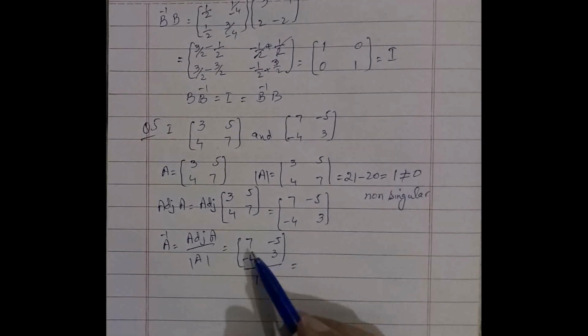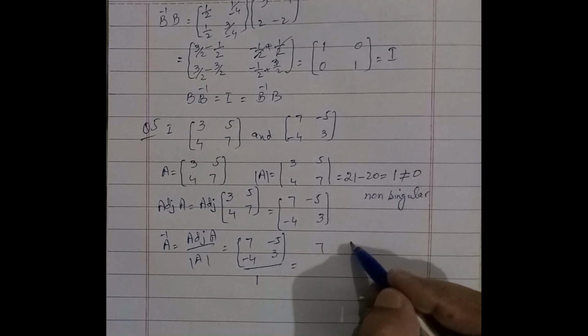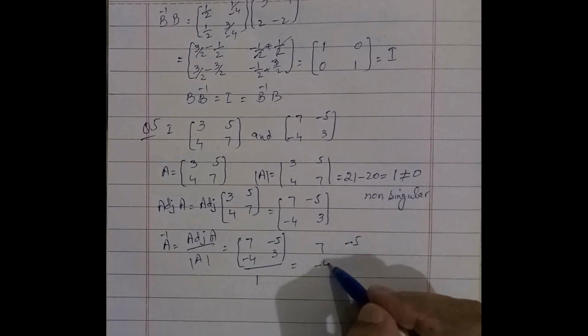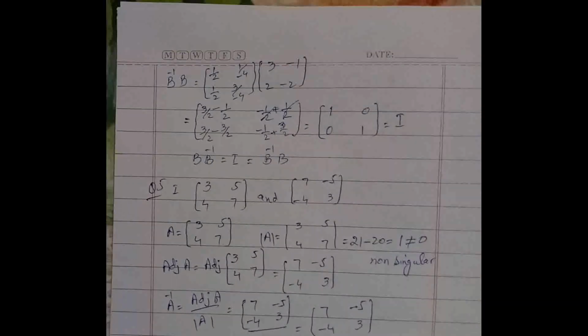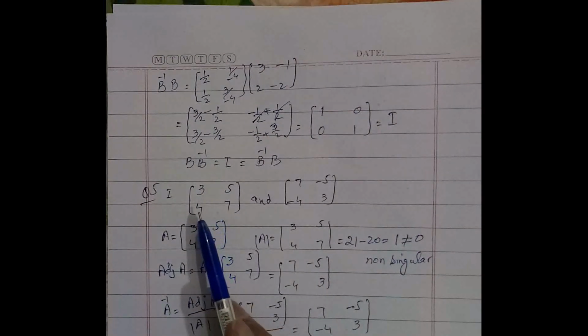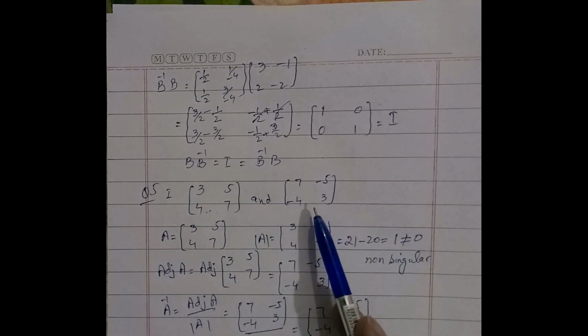We divide the adjoint of A by 1, and we get the answer 7, minus 5, minus 4, 3, and it is verified.